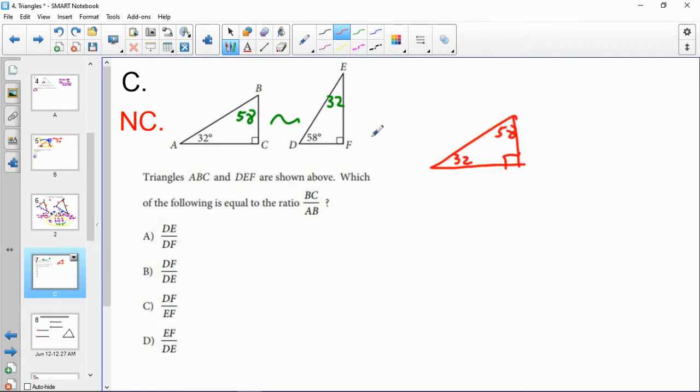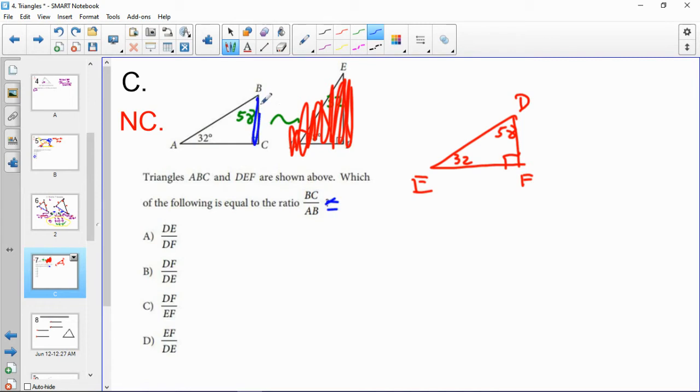and just by matching the points of the angles, I know this is F, this is E, and this right here is going to be D. So I can forget about my old triangle, and now they line up, so it's a lot easier to see what I need to see. I need to figure out what ratio is equal to BC over AB.